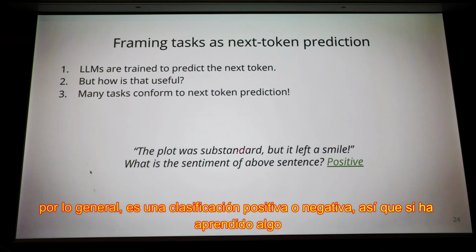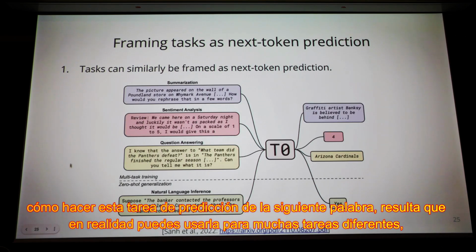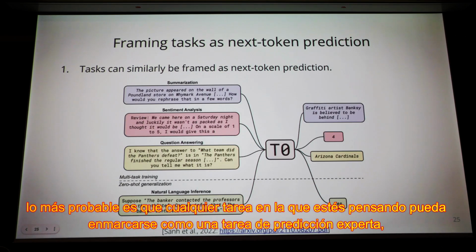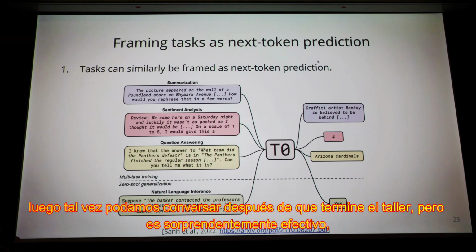So if you've learned how to do this next word prediction task, it turns out that you can actually use it for a lot of different tasks. Most likely, any task that you're thinking of can be framed as a next word prediction task. Maybe as an exercise, try to think of a task which cannot be framed as one, and then maybe we can chat after the workshop ends.